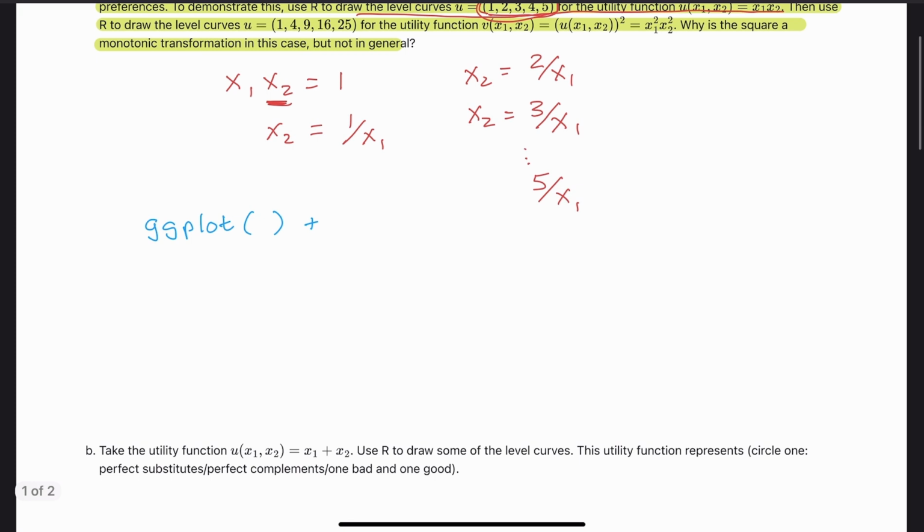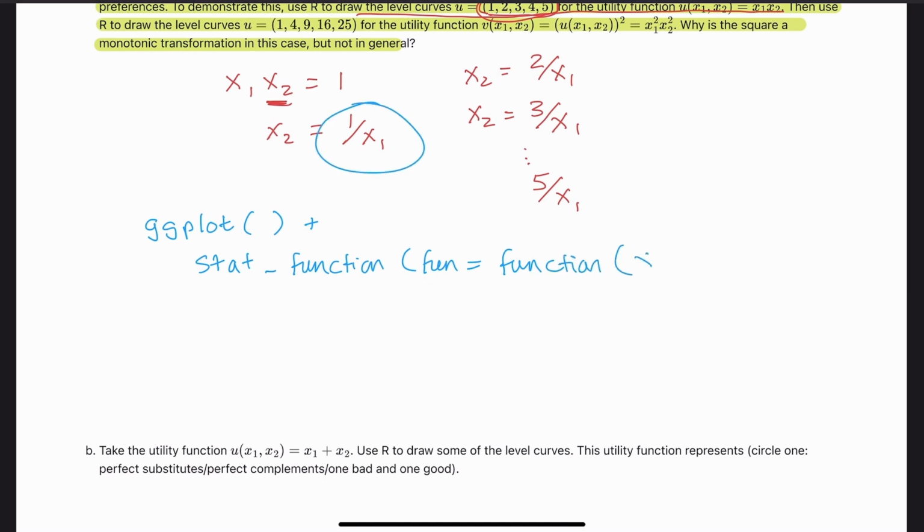And then I'll use stat_function, defining the function as this thing. It takes an x1 and it outputs 1 divided by x1. So that's my function, and I can give it a color. I can say color equals red, or whatever color you like.